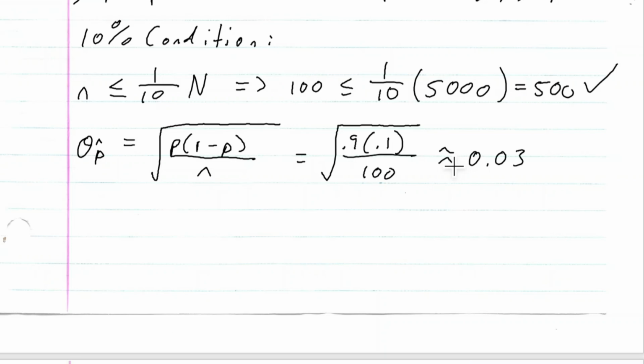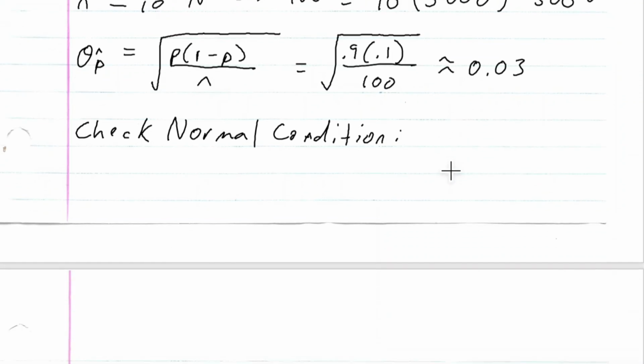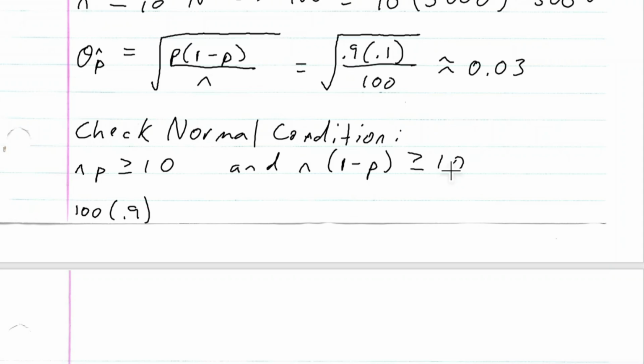Check the normal condition. The normal condition is n times p has to be bigger than or equal to 10, and n times 1 minus p has to be bigger than or equal to 10. Let's do this one first. n was 100 and p was 0.9, and that's equal to 90, and 90 is bigger than or equal to 10, so that checks.